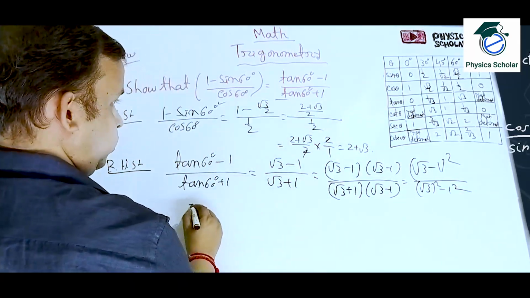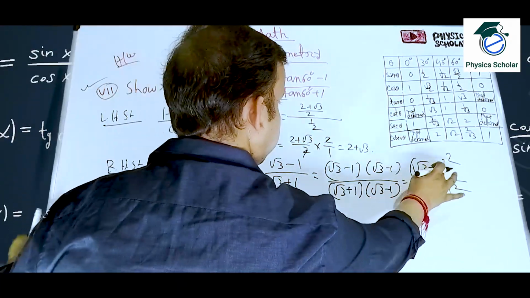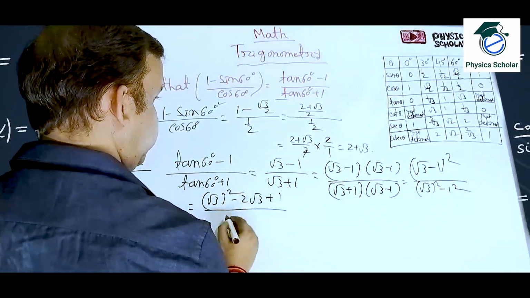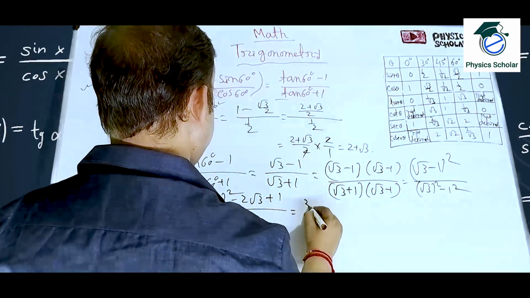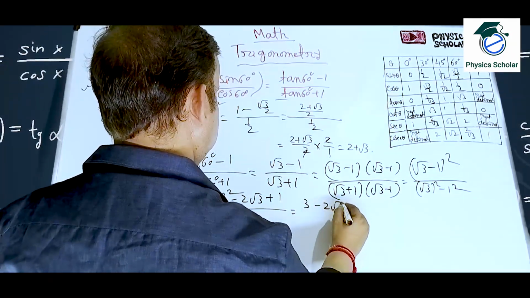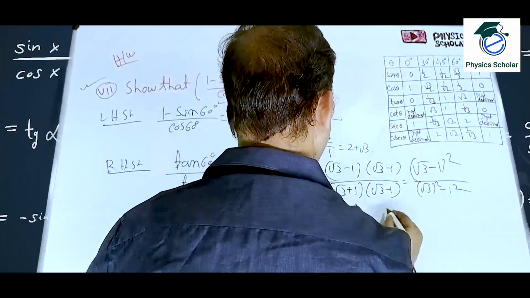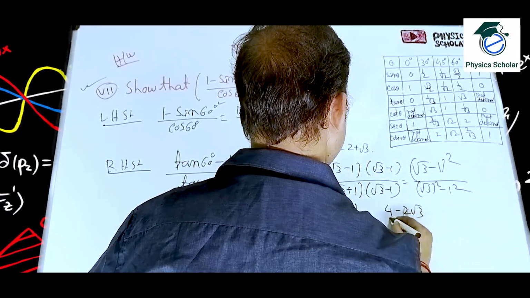Clear? So what is coming? Using the formula for a minus b whole square, a square minus 2ab plus b square, divided by 3 minus 1. Root 3 square means 3. Okay, so it will be 3 minus 2 root 3 plus 1, by 2. So it will be 4 minus 2 root 3 by 2.